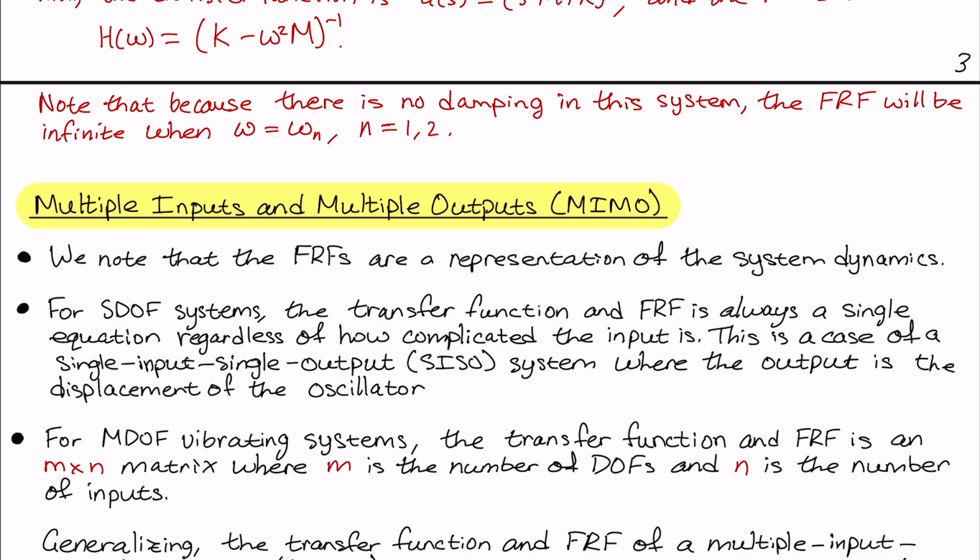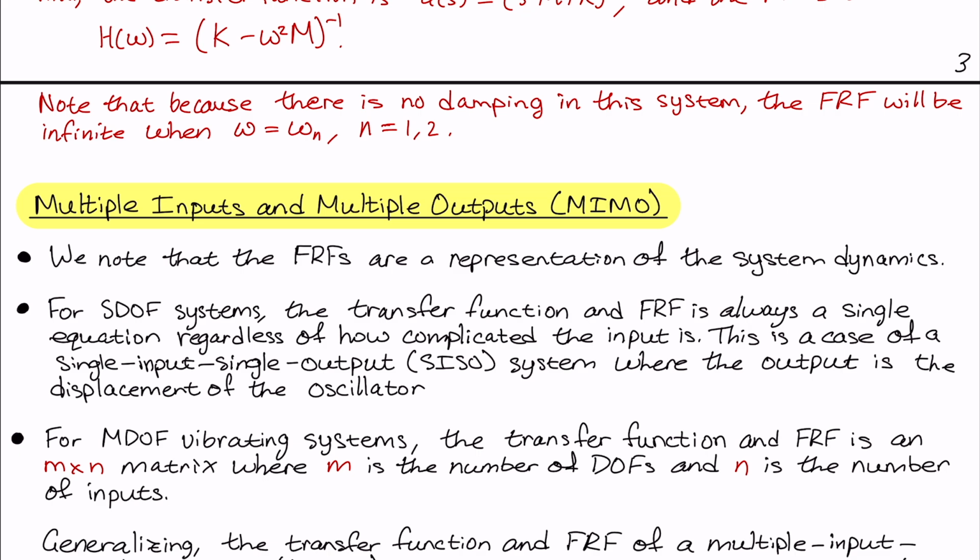Regardless of how complicated the input is, you could have many different inputs. The input could be a compound function, but that doesn't matter. The transfer function will always be the same. So this is a case of what we would call a single input, single output system, or a SISO system. And generally for a single degree of freedom vibrating system, the output is the displacement of the oscillator.